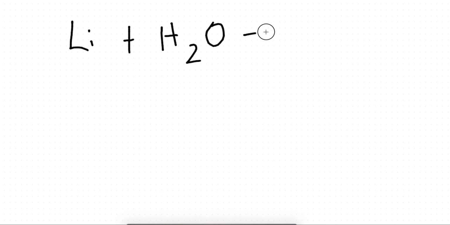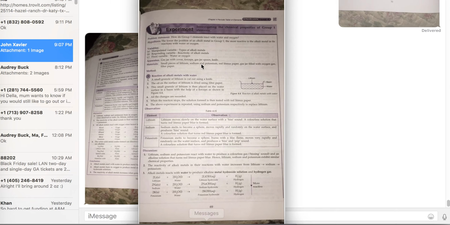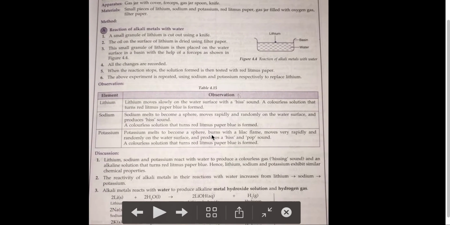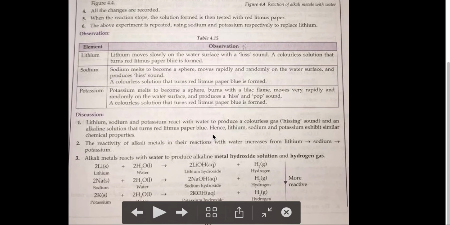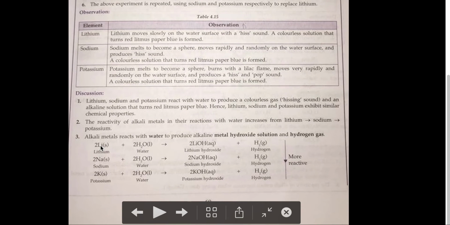So as I said before, the positive on this side reacts with the negative on this side, and the positive on this side reacts with, we don't have a negative, so we're just going to leave the hydrogen gas by itself, guys. Let's have a look here. Lithium reacting with water, okay? What do you get?